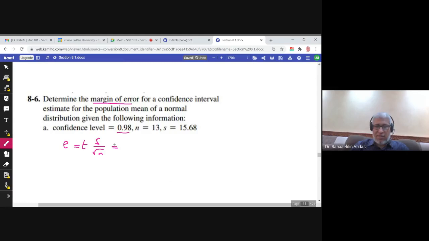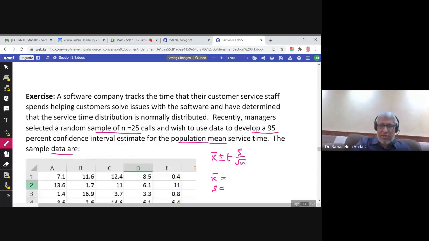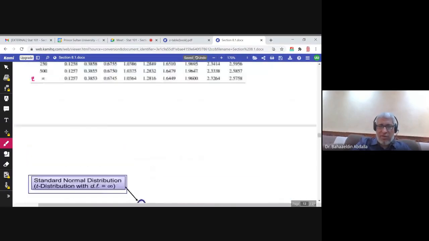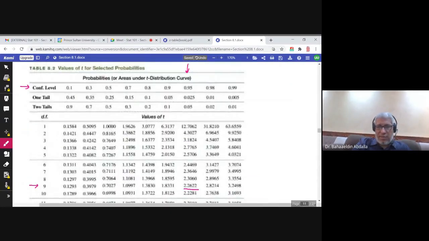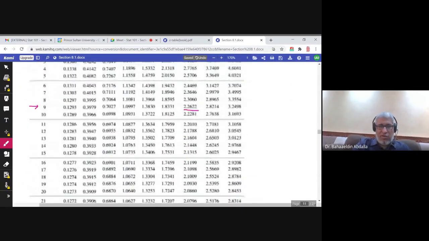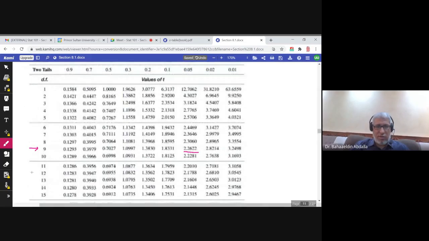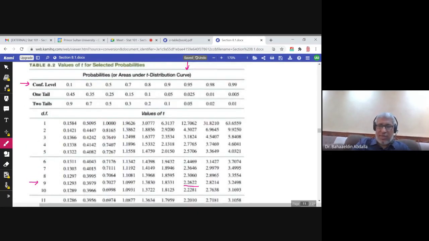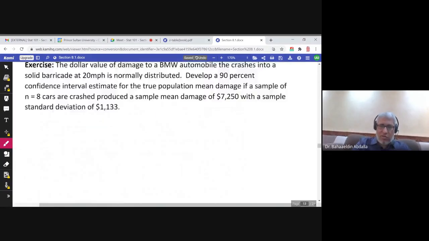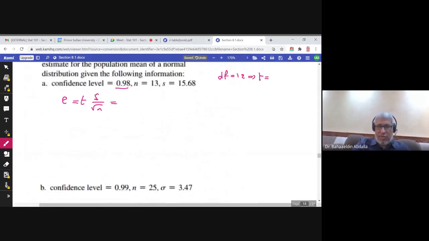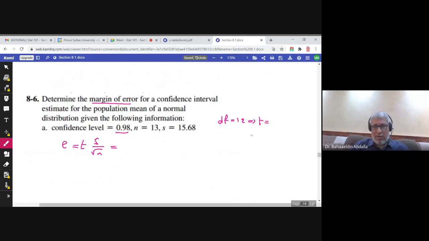Well, let us find t in this case. The degree of freedom is 12, and 98% confidence. So 98 is this one, and 12 is this one. So the number is 2.681. So t is 2.681.